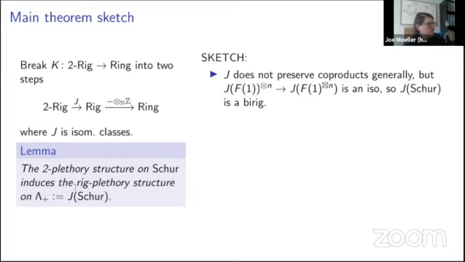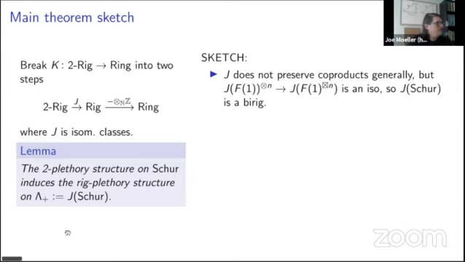So this is just saying everything I said before about what a biring and a plethore are, just do it for rigs instead of rings, and then we get the plethore structure on the isomorphism classes from the 2-plethore structure on the category of Schur functors.